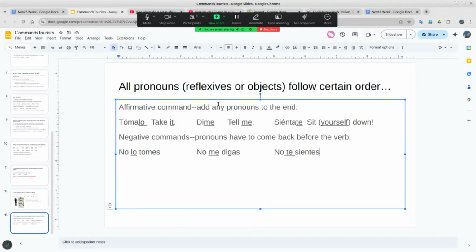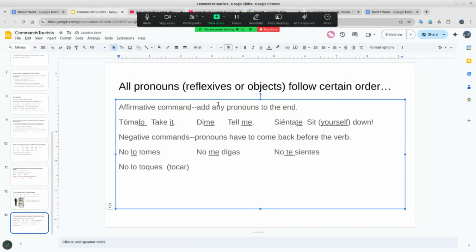Okay, bien. Let's think of one other command. A mom often says to kids, don't touch it. Don't touch the stove. Don't, you're in a store. Don't touch it. No lo toques. From tocar. Uy, momentito. Right?